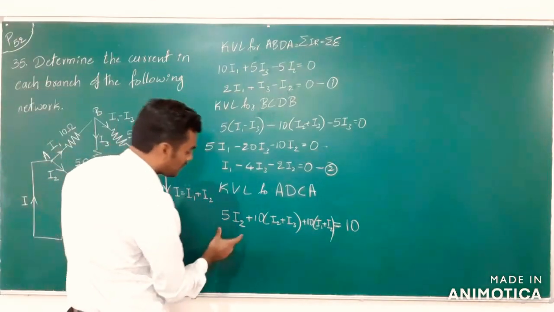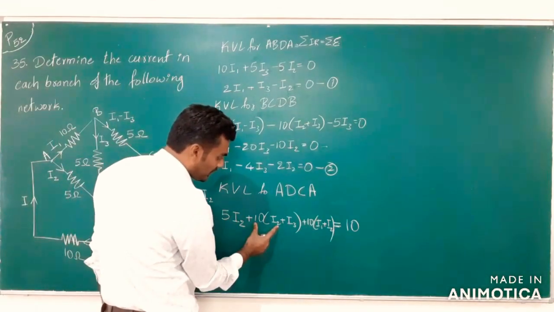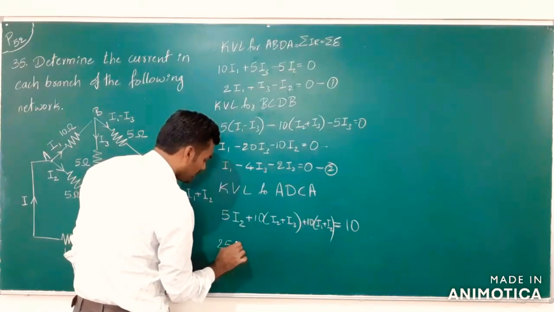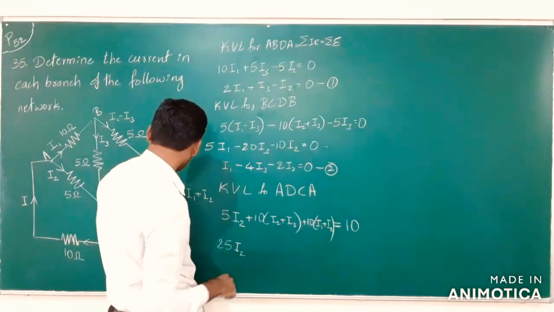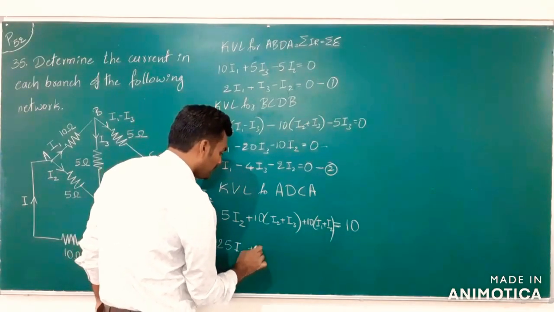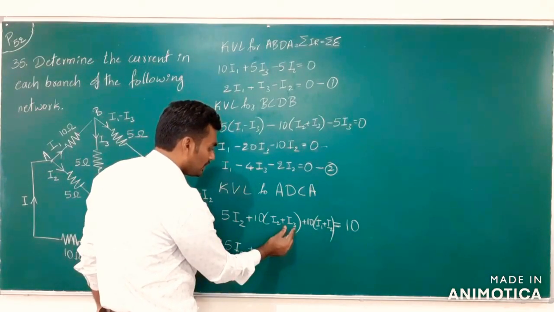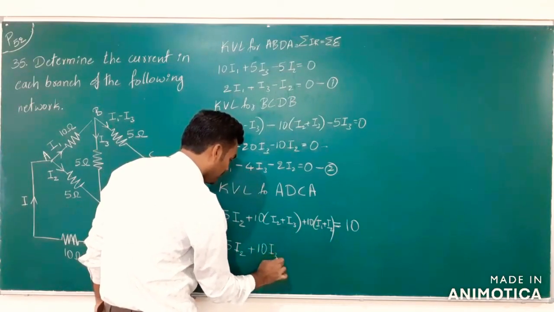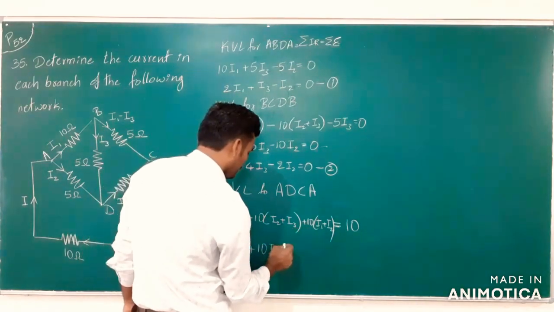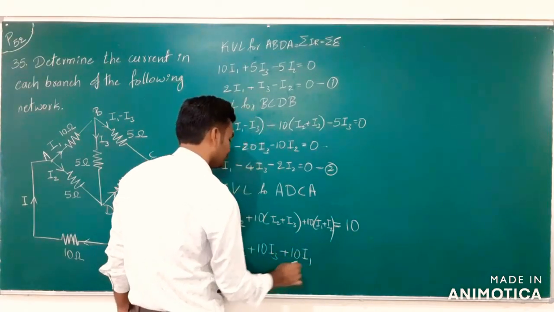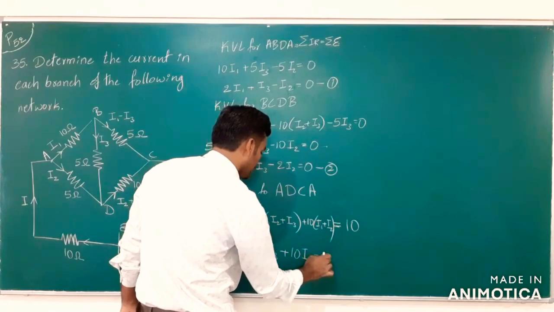Let me simplify this. 5I2 plus 10I2 plus 10I2, so it is 25I2, right? Next, plus 10I3, plus 10I1 is equal to 10.